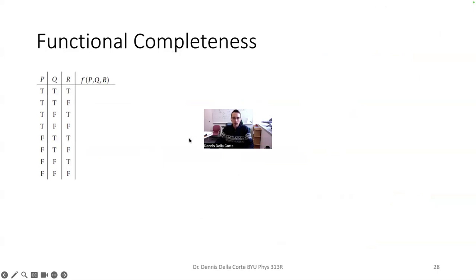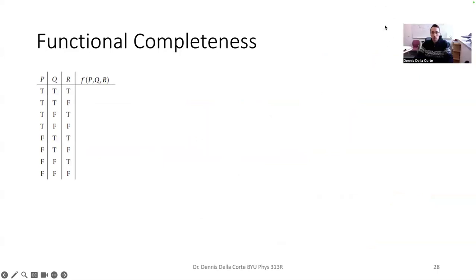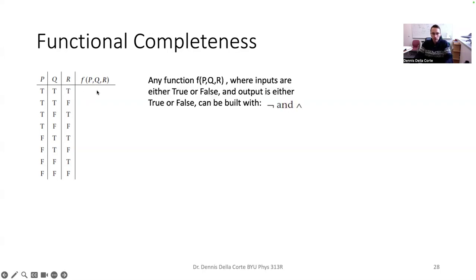Functional completeness means you're able to reach every possible outcome in your outcome space with a small subset of operations, functions. So if we have 3 possible inputs, so 3 statements, P, Q, and R, then we all of a sudden have 8 possible combinations of which statement is true and which one is false.